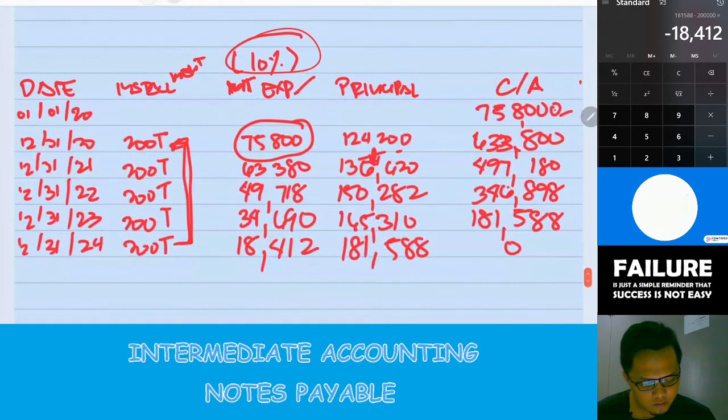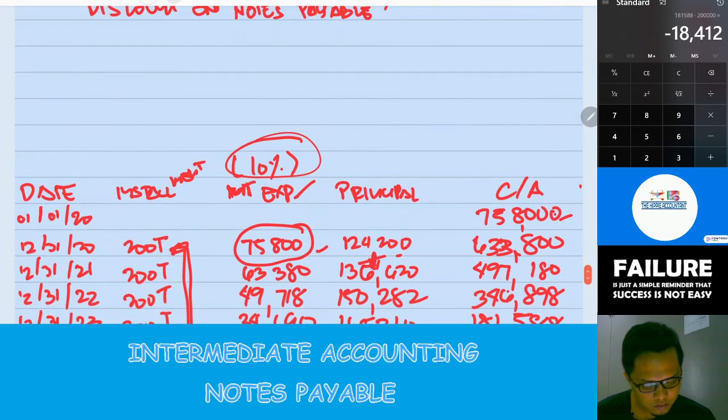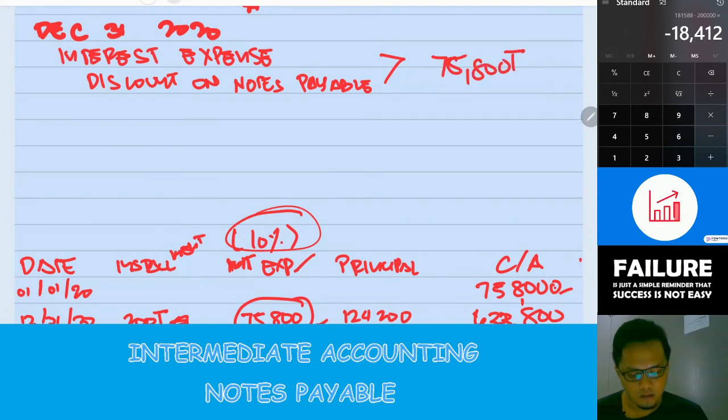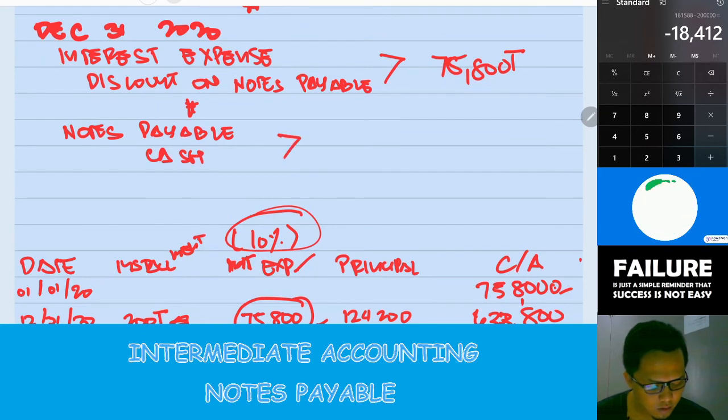Based on our interest schedule na on December 31, 2020, that is 75,800. Now, for the payment, okay, debit notes payable, credit cash, annual installment, 200,000. Okay?